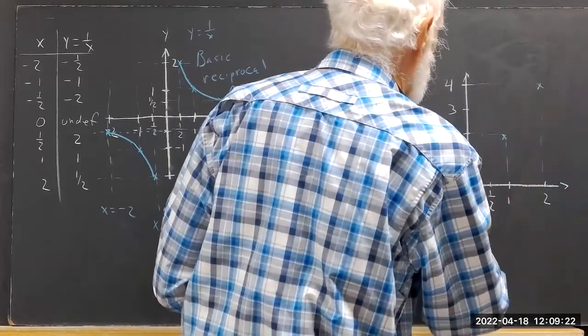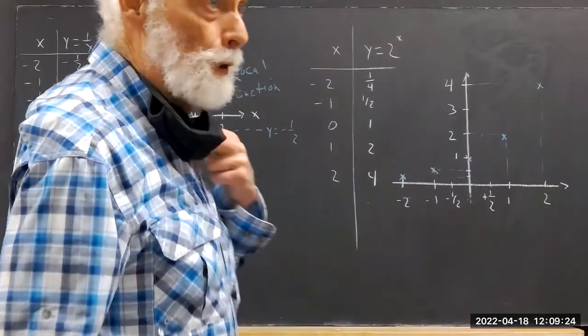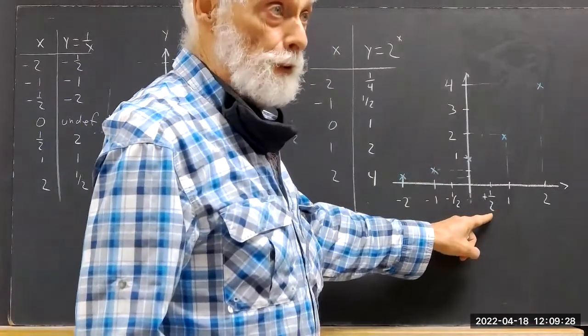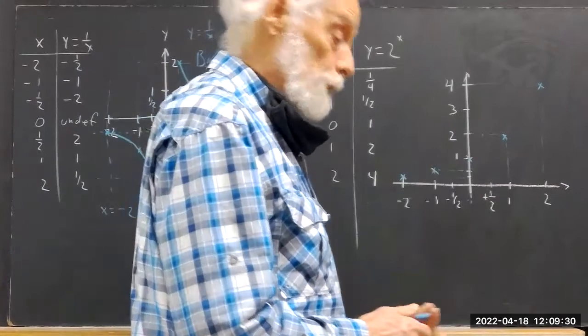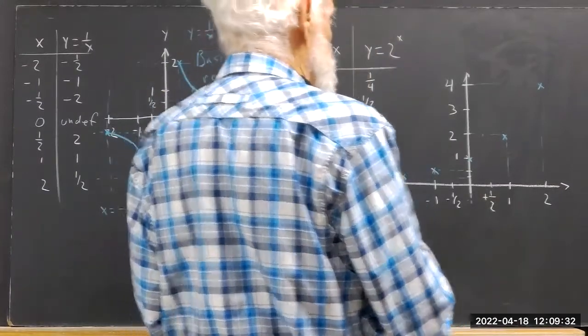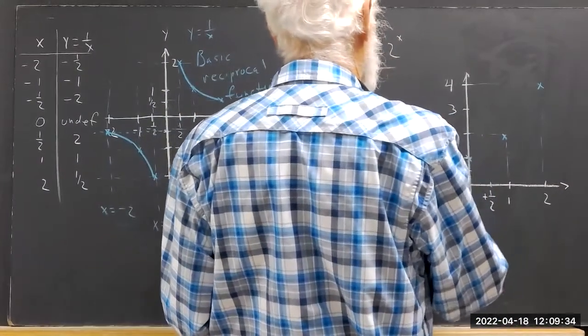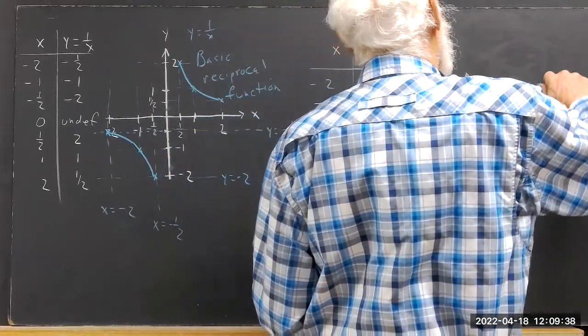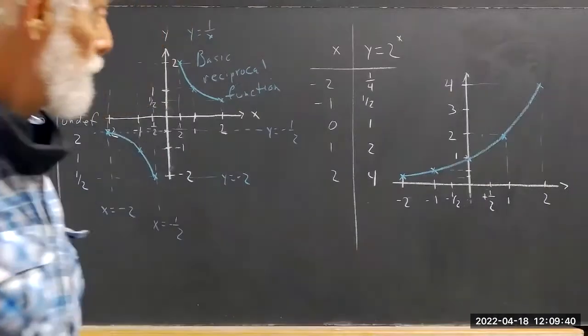I didn't need -1/2 and +1/2, but I've got them on here because we can use this graph to at least estimate what the values of the functions are. Okay, so if I draw the curve, it's going to look like this.